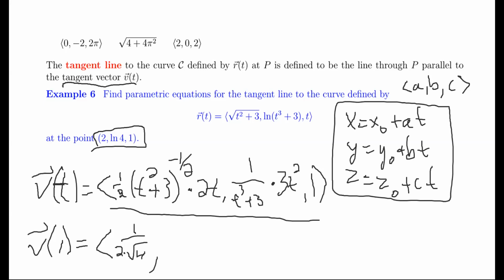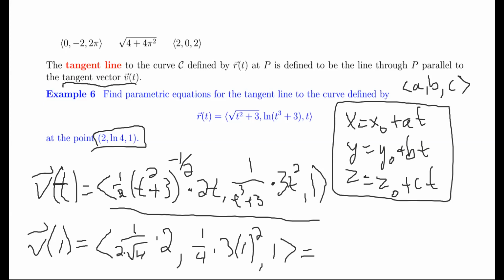Times 2, almost left that off, times 2t. So times 2. And then we have 1 here, so this is 1 over 4 times 3 times 1 squared, comma 1.